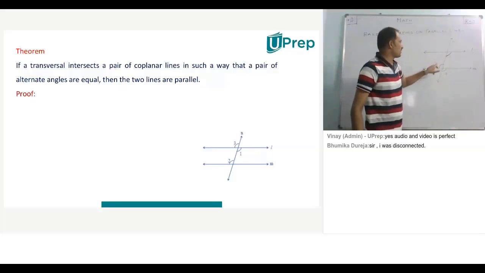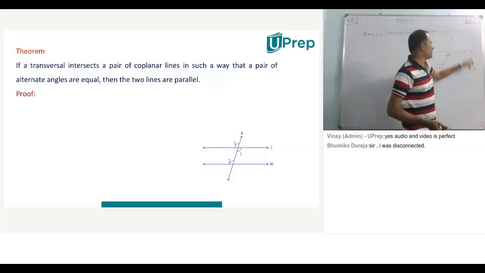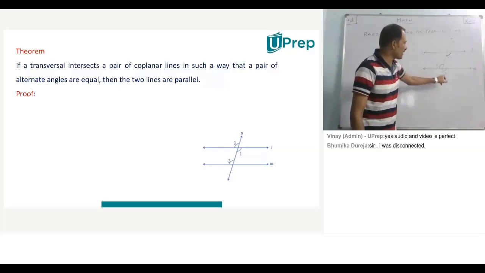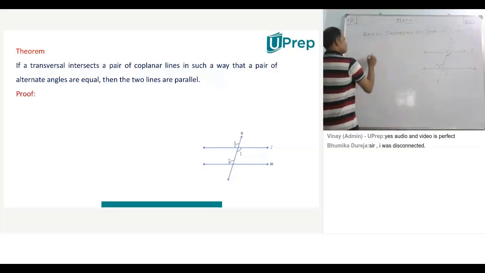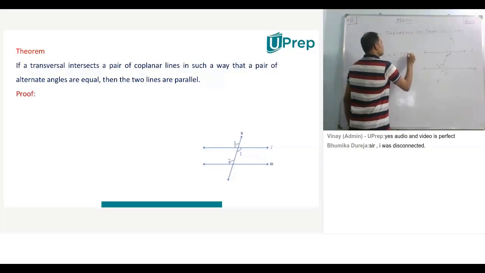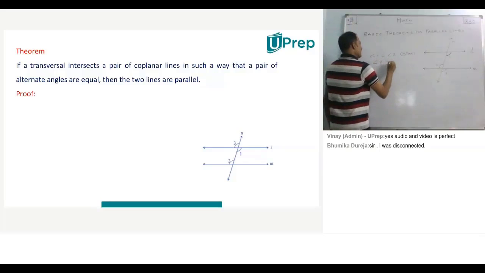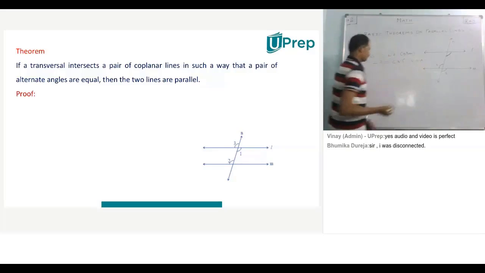Angle 1 is equal to angle 2, it is given. Yes or no? Yes, sir. Now what we have to prove? L and M are parallel. How can we prove? Angle 1 is equal to angle 2, it is given, because alternate interior angles. But angle 2 is equal to angle 3 because vertically opposite angles.